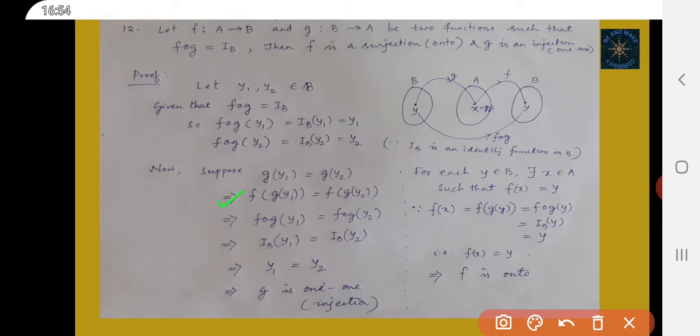Here, you can take f. So f of g of y1, f of g of y2, we can write because they are equal.